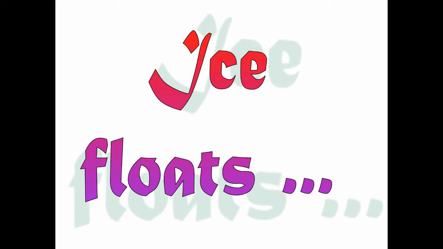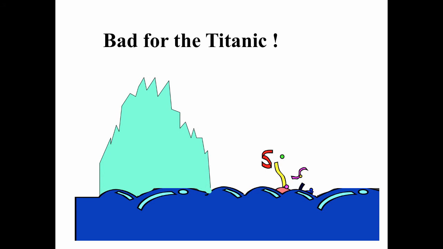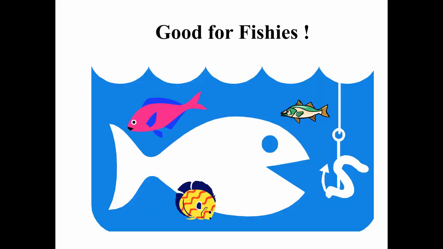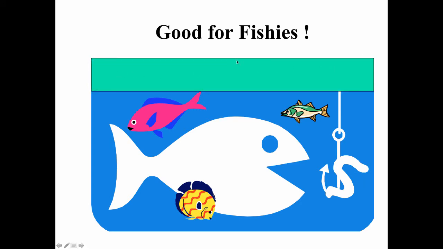And ice floating turns out to be, well, it's bad for the Titanic, but it's very good for fish because since lakes freeze from the top down, they get a covering of ice that is less dense than the water. That's a sort of insulating layer, which keeps the rest of the lake from getting as cold and turning all of the fish into little fishsicles. So that happens to be a particularly good thing.